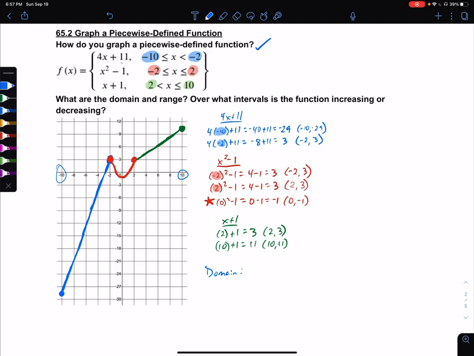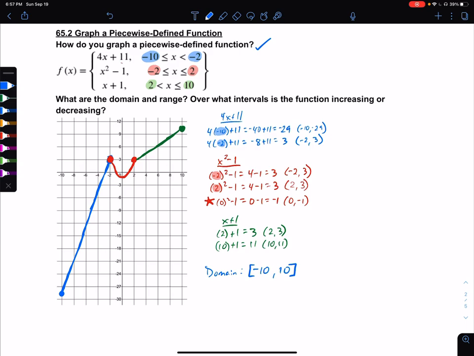The blue portion had an open circle at negative 2, but that's taken care of by the red portion of our graph. So there's no breaks in our graph. We have a minimum of negative 10, inclusive, because it's a closed circle, and then that goes up to a maximum of 10. Remember, for domain, you're looking left and right.